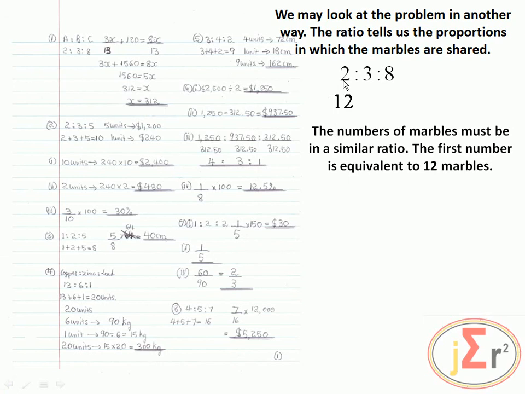This tells us how the marbles are shared, 2 to 3 to 8. Therefore, we have 12 marbles being revealed by the one who has 2 units.